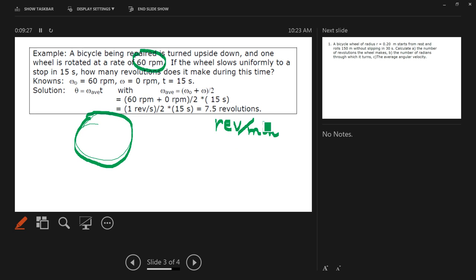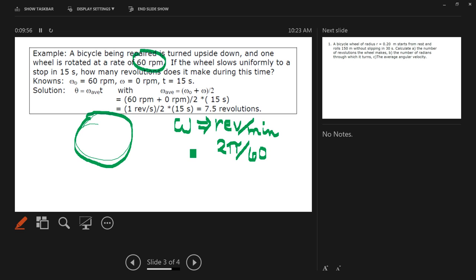Well, it's an angle per time, so that is an omega quantity, speed, but it's not in the units we're used to. We can convert it. If you go around one revolution, that's going to be 2 pi radians, and a minute is 60 seconds.